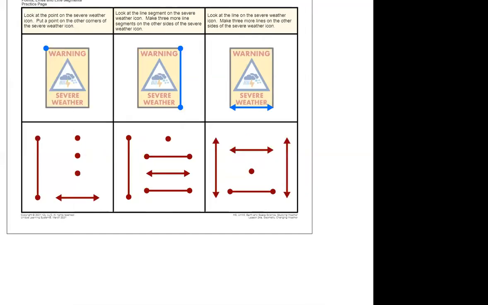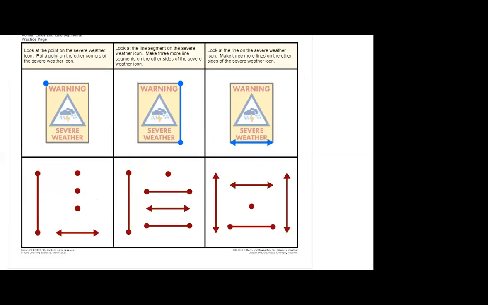All right, so we're going to do some practice here. Look at the point on the severe weather icon. Put a point on the other corners of the severe weather icon. So, how many other corners do I have on my severe weather warning? 1, 2, 3.